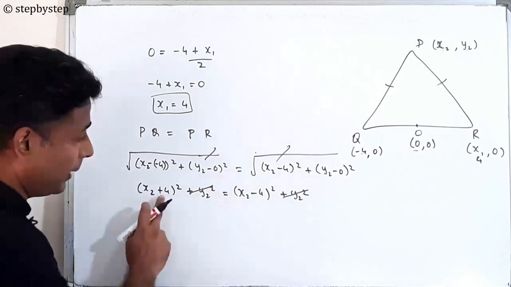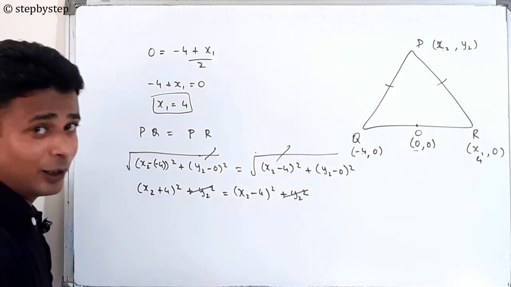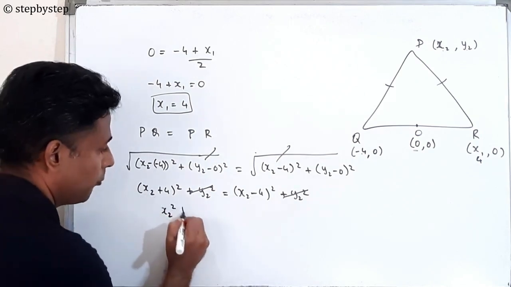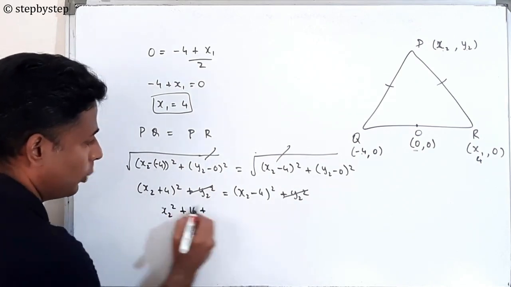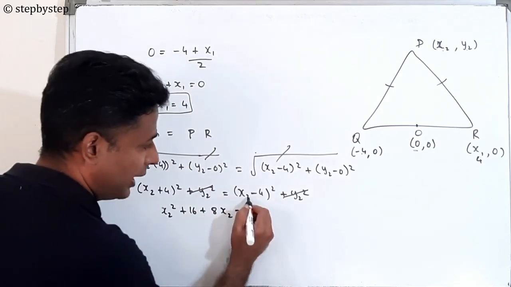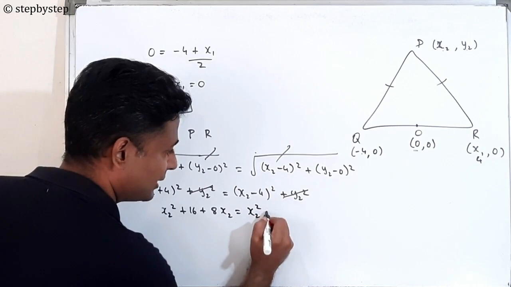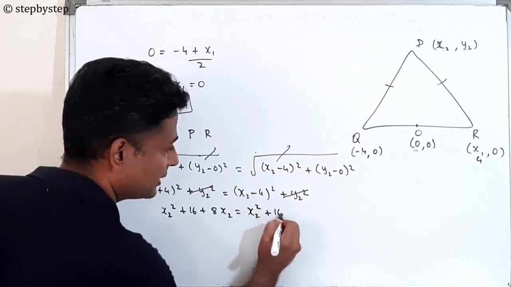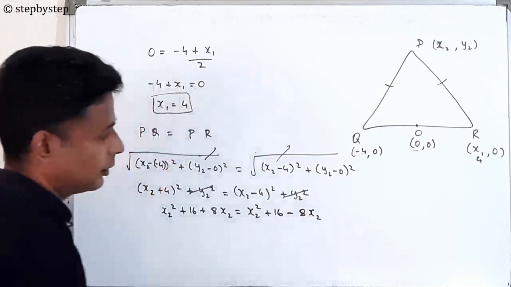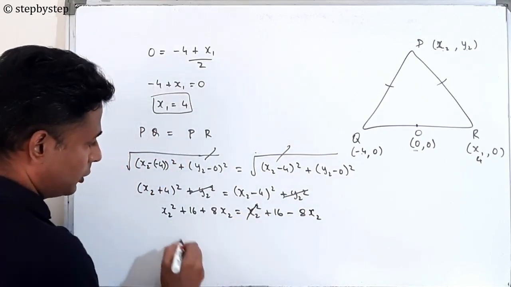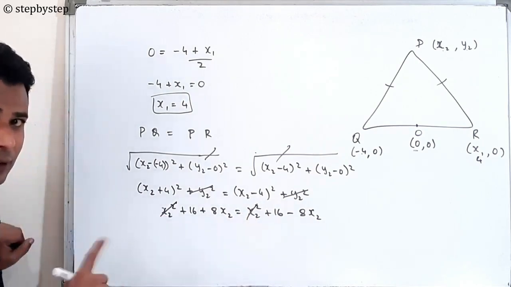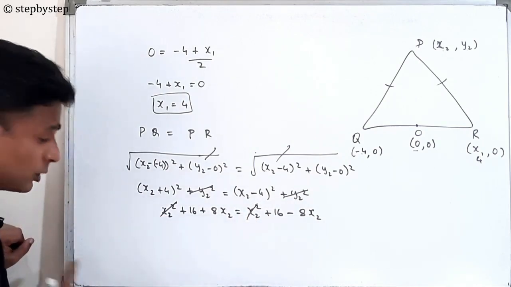It is of the form (a plus b) whole square, so you have to use the formula. a square plus b square plus 2ab, that is 8x2, will be equal to a square plus b square minus 2ab, so minus 8x2. So x2 square will cancel again, because when this comes to this side, it becomes minus. So minus x2 square plus x2 square is 0.